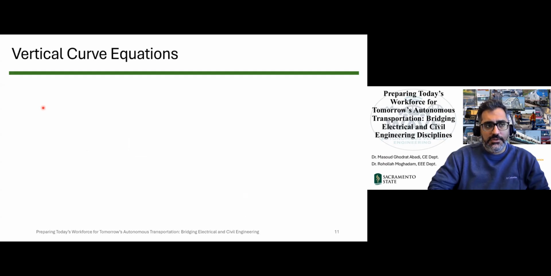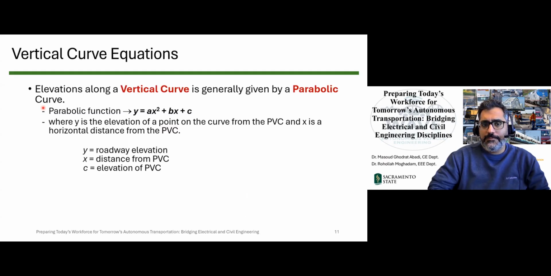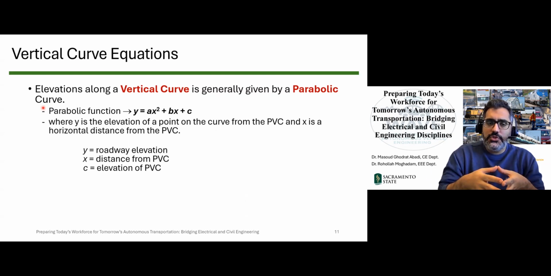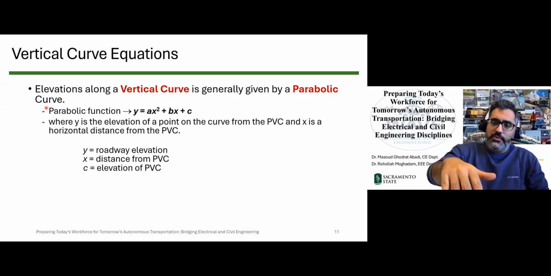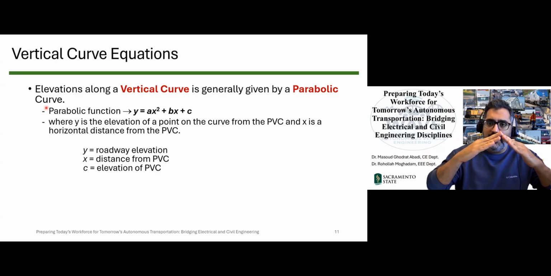What else is important to know about vertical alignments? In order to create a safe and comfortable transition on vertical alignments, it's been shown that parabolic curves, a parabola, would work the best. So for vertical curves, we never use circular curves to connect two tangents.